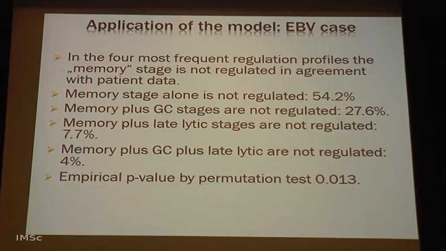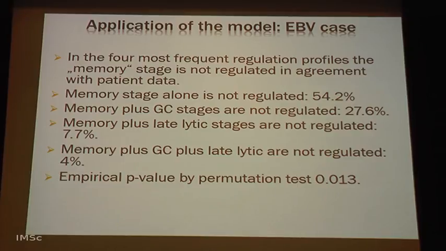And the permutation test is that you say, okay, I was talking about parameter A for germinal center stage, and I'm going to say now that is actually the parameter for the lytic stage. So you just shuffle around so that you, in a way, destroy all that information that relates the parameters to specific stages.